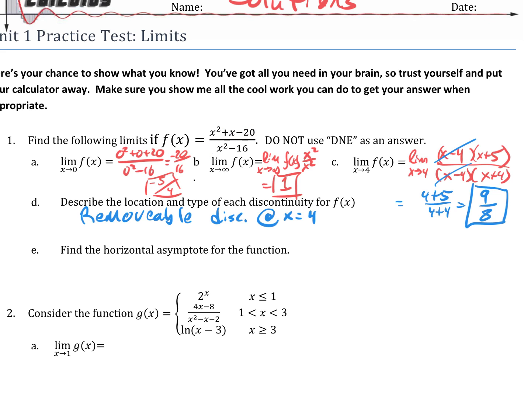However, this expression is equal to this expression, and negative 4 is still a problem. We don't do the limit for negative 4, but negative 4 is still a problem. So that is not removable.